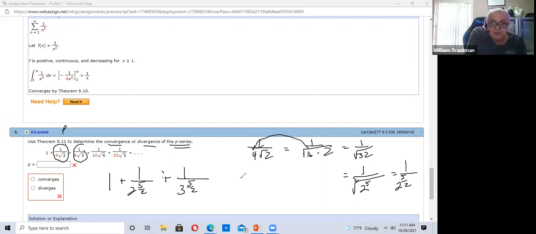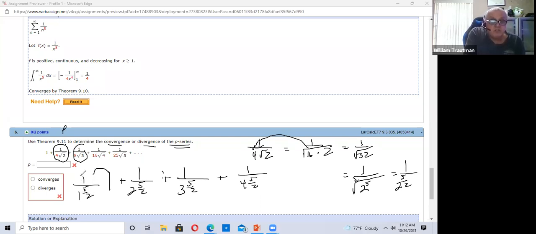If you go and do the same thing I just did for this other one, this will be 1 over 4 to the 5 over 2. And this first one is actually 1 over 1 to the 5 over 2, not 1 over 2.